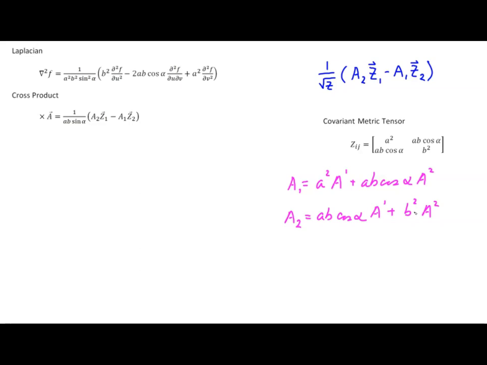And having done that, we can now make those substitutions back into this expression over here.